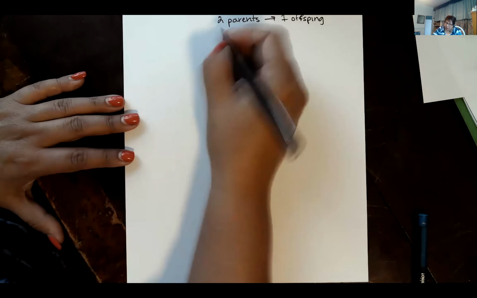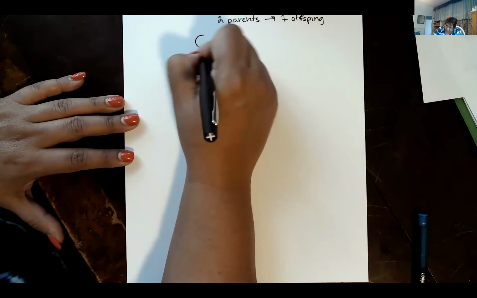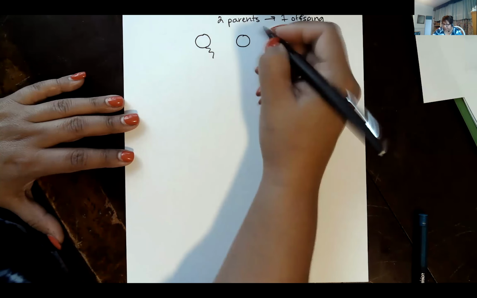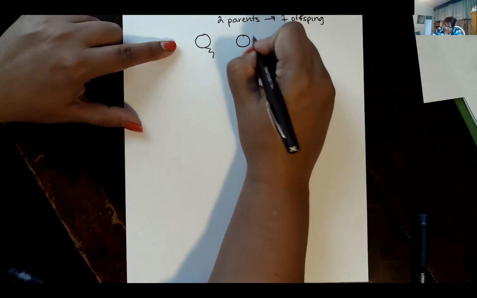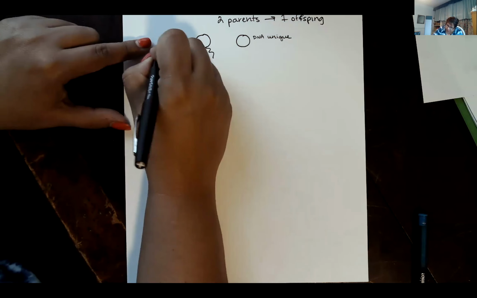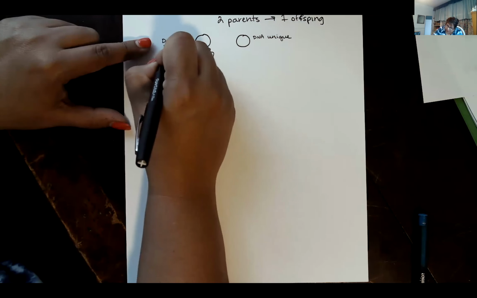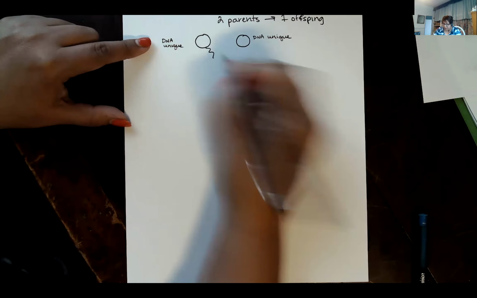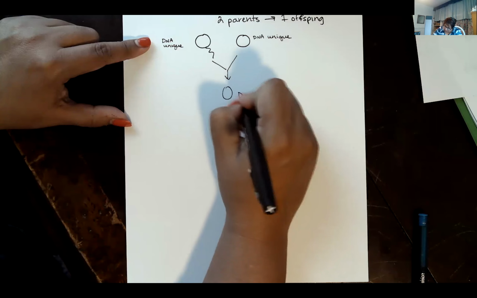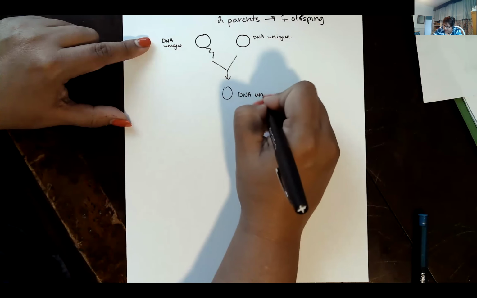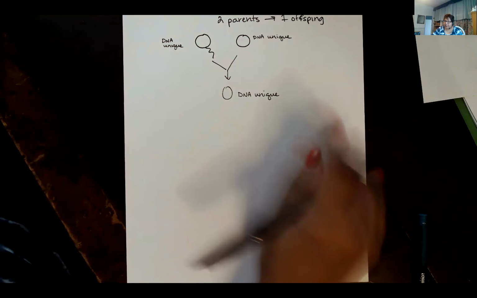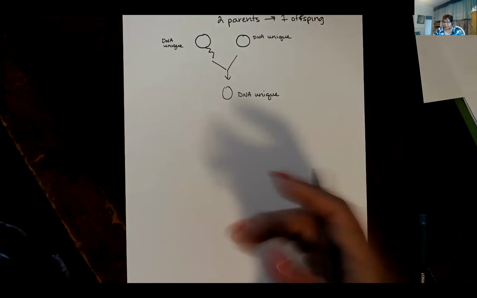If I draw a little diagram here, here's parent number 1, and here's parent number 2. Their DNA is unique. Parent number 1's DNA is also unique. And then when they form a new offspring, the offspring's DNA is unique. So a cool thing about sexual reproduction is that everybody's DNA in this diagram is different.